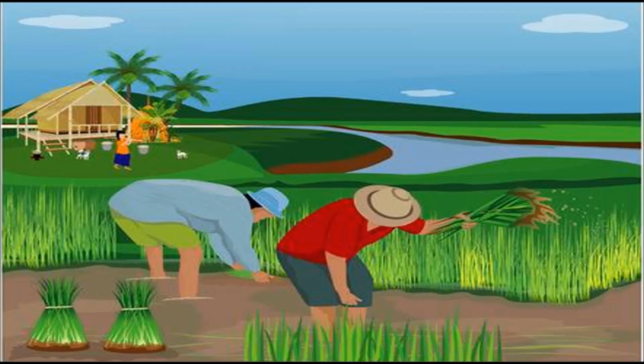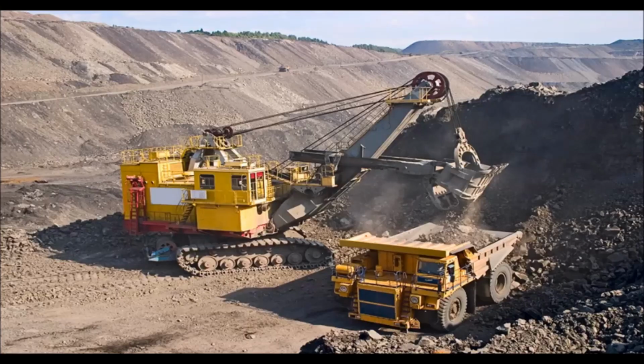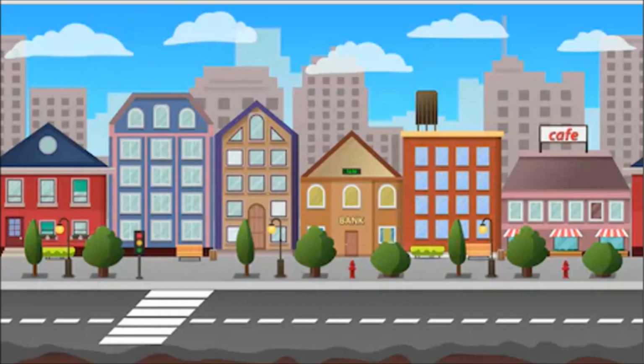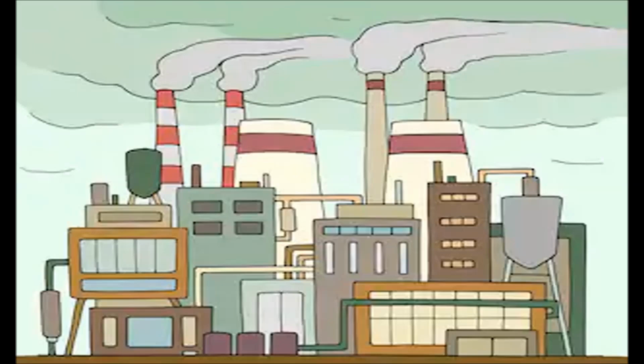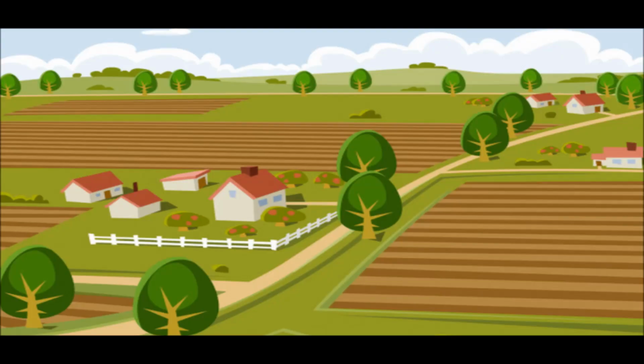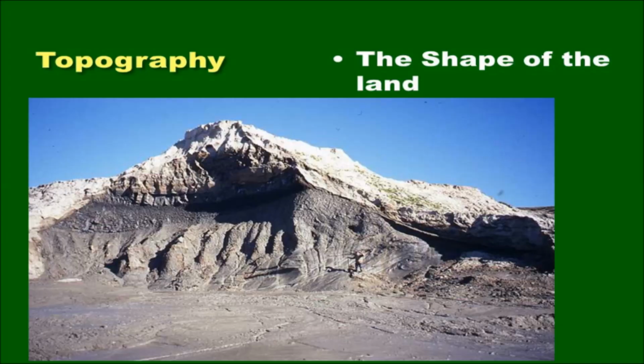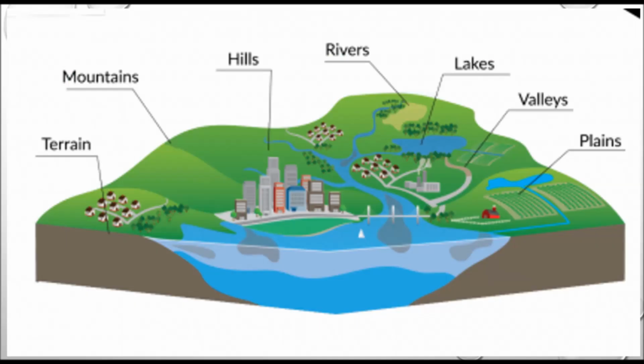We all know land is used for different purposes such as agriculture, forestry, mining, building houses, roads, and setting up of industries. This is commonly termed as land use. The use of land depends upon number of physical factors such as topography. Topography is the structure of land, whether it is a mountain or a desert or a plateau region or a plain region.